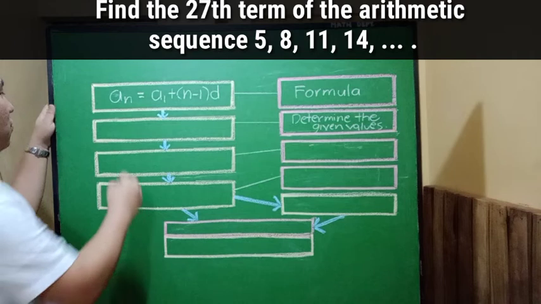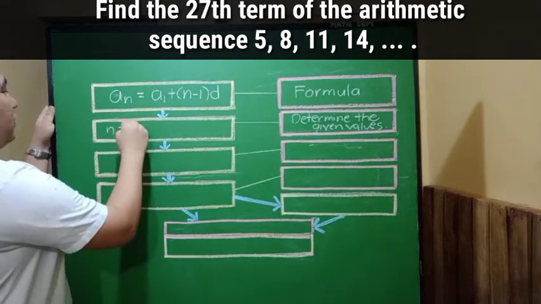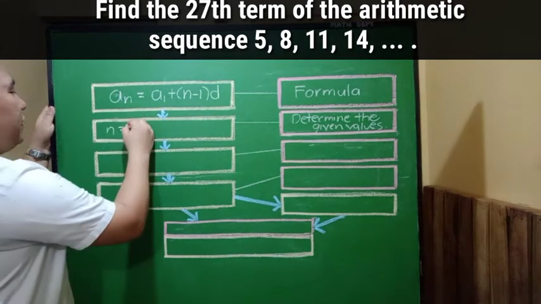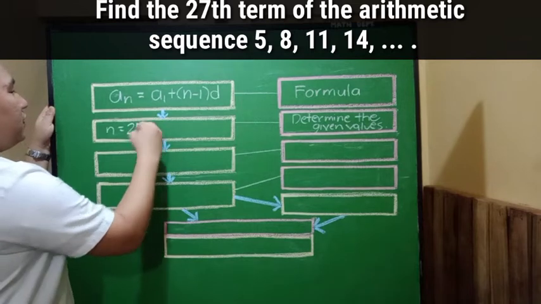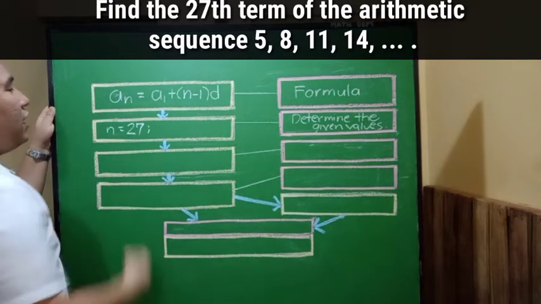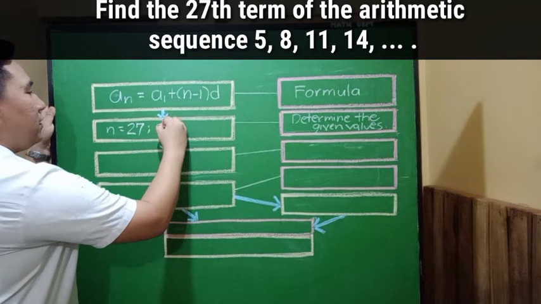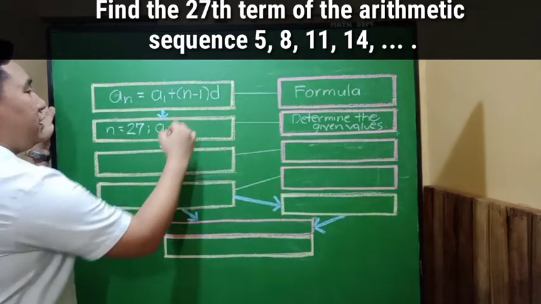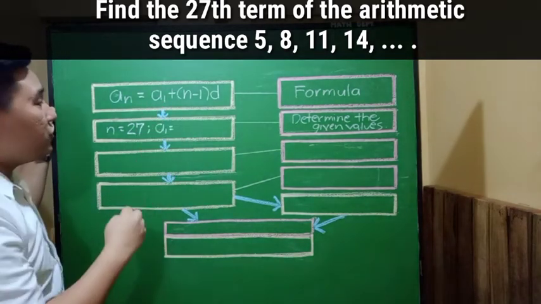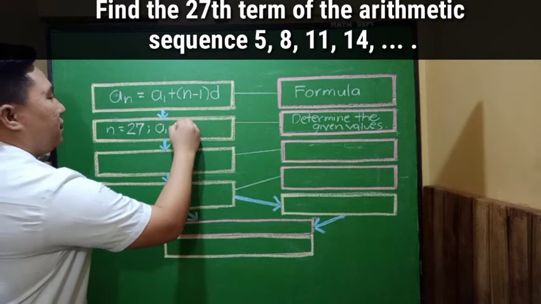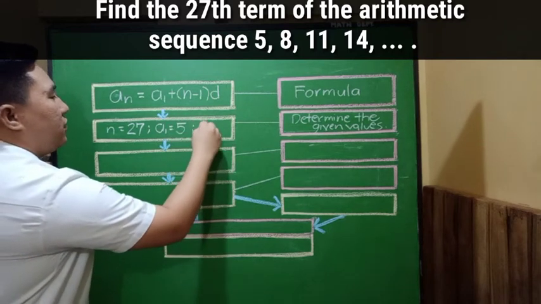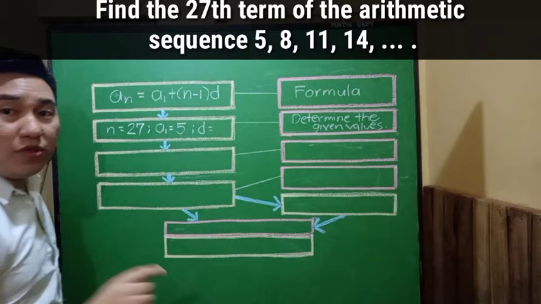Our n here, the given term, is 27. Then our a sub 1, the first term, is 5. And of course, the d, the common difference.